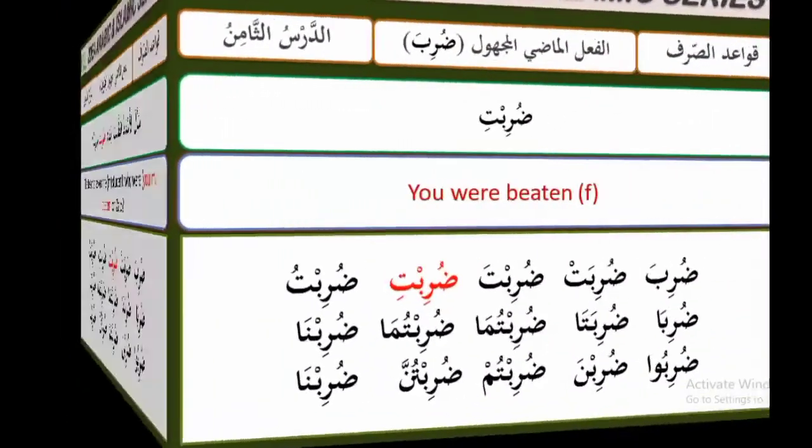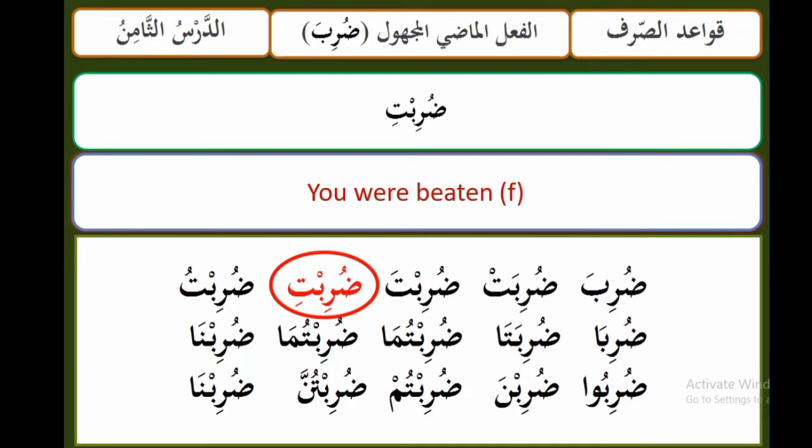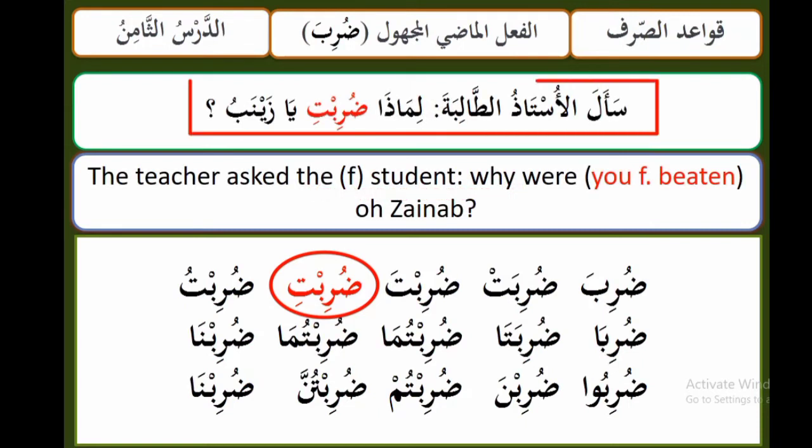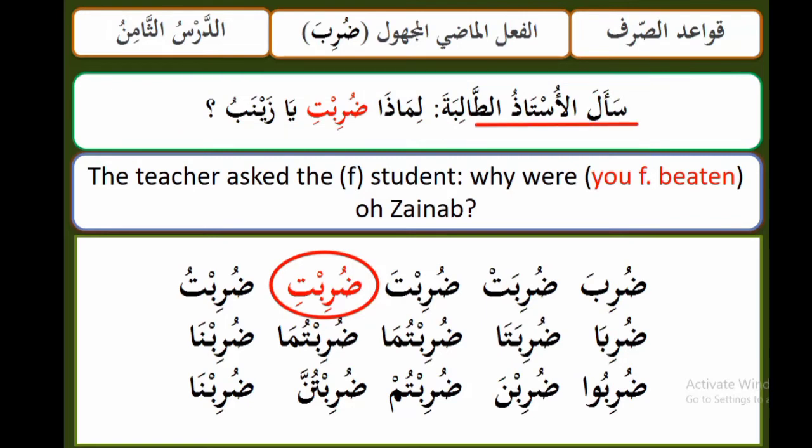The next one is ضربتِ, and this means you were beaten for feminine gender. Example: سأل الأستاذ الطالبة لماذا ضربتِ يا زينب. This means the teacher asked the female student, why were you beaten, O Zainab?